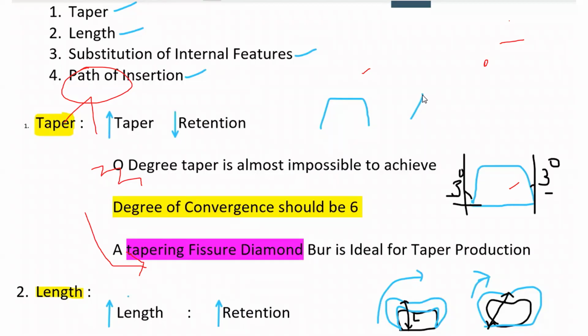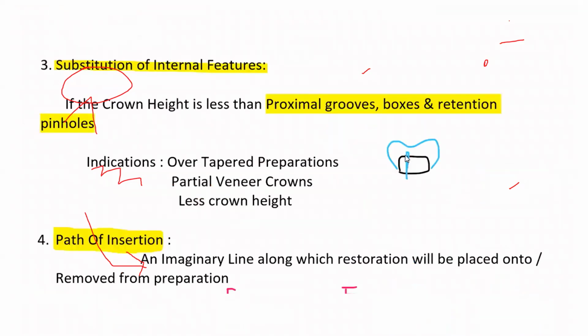With an increase in the length, the retention is going to increase. And substitution of the internal features: if the crown height is less, then definitely we need to go with proximal grooves, and this is what I did in my FMR patient. She was not willing for the post and core. So what I did was place buccal retentive grooves.